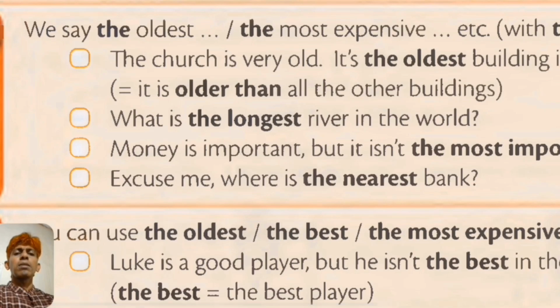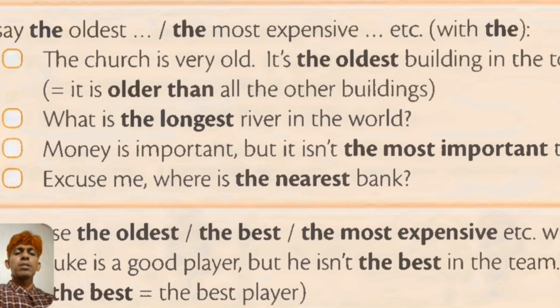Okay, part C. We say the oldest, the most expensive, etc. with example sentences. The church is very old. It's the oldest building in the town. It's equal to: it is older than all the other buildings.